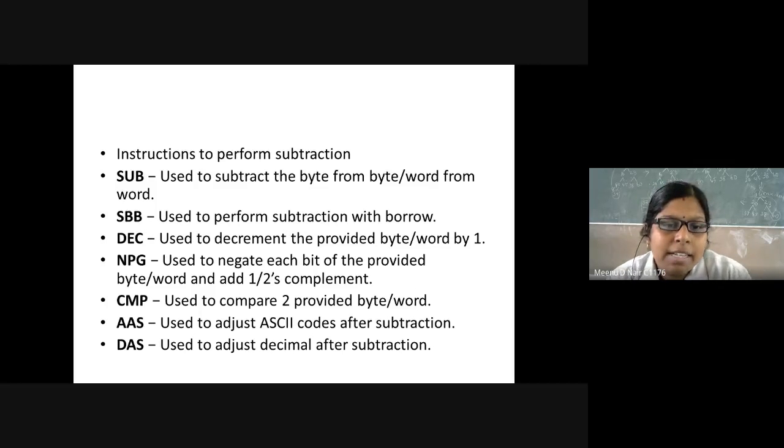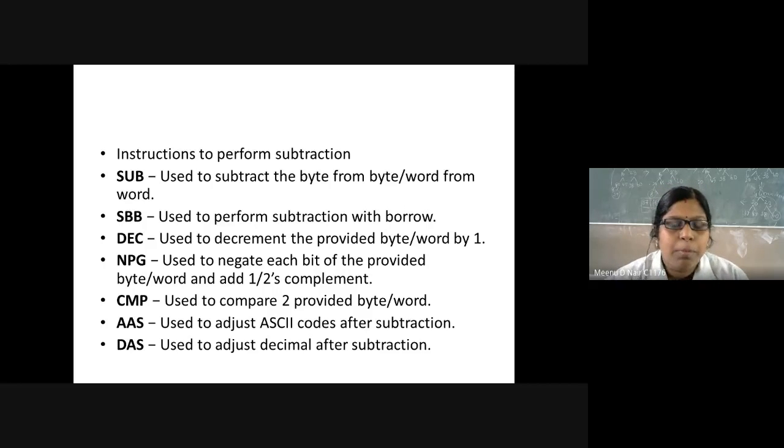Next one is NEG. NEG is used to negate each bit of the provided byte and add 1, that is 2's complement. This is not much used, so you won't get questions in this portion. Then CMP means compare only.